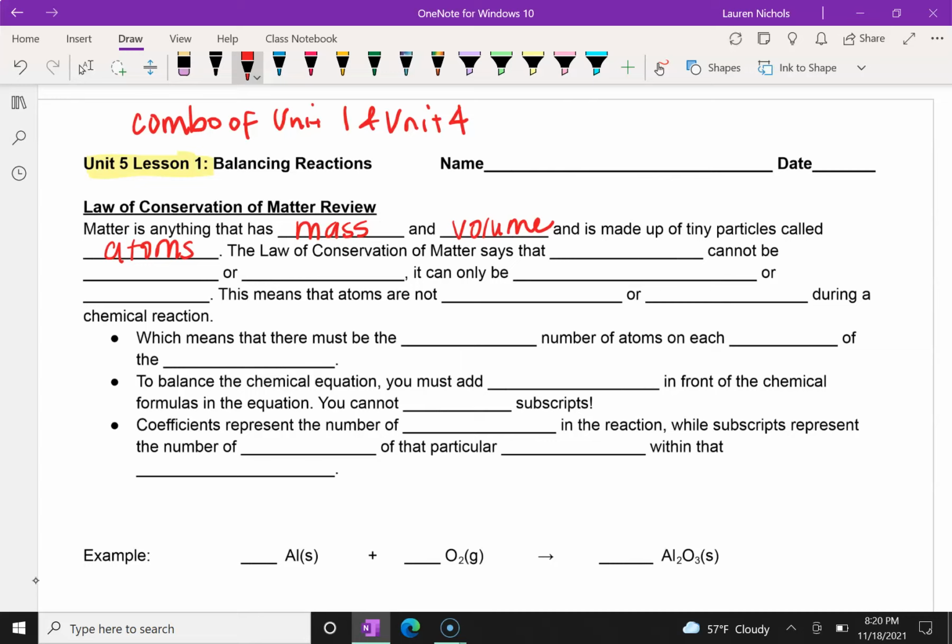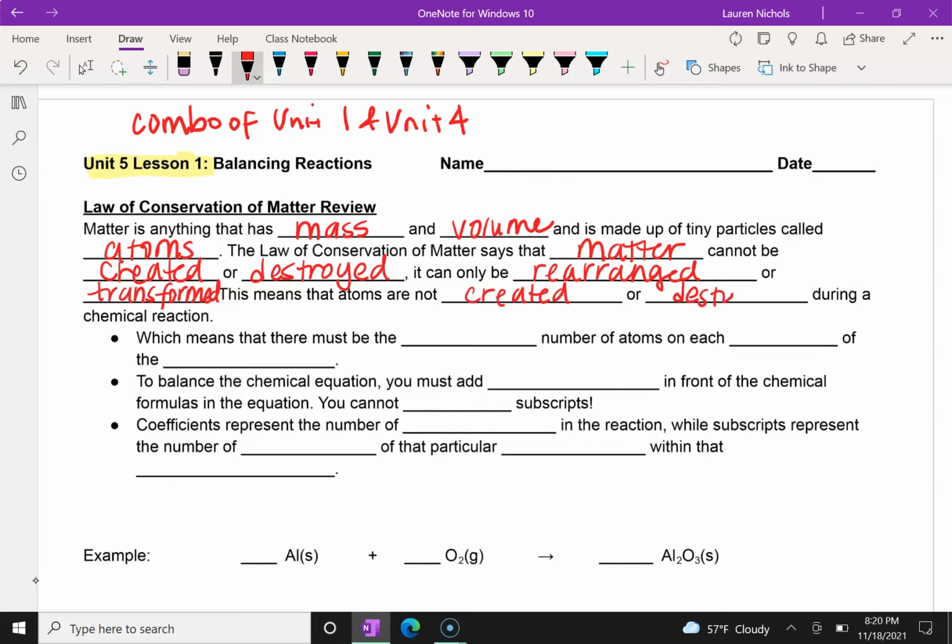And the law of conservation of matter says that matter cannot be created or destroyed. It can only be rearranged or transformed. So our atoms cannot be created or destroyed.